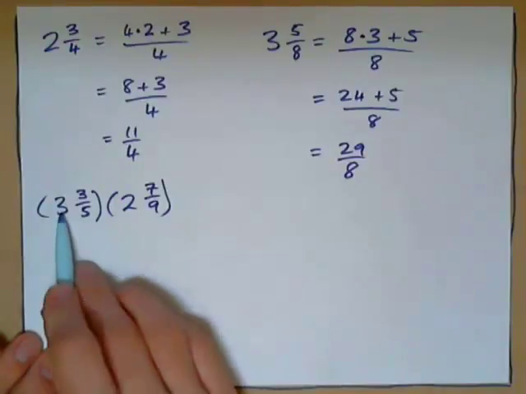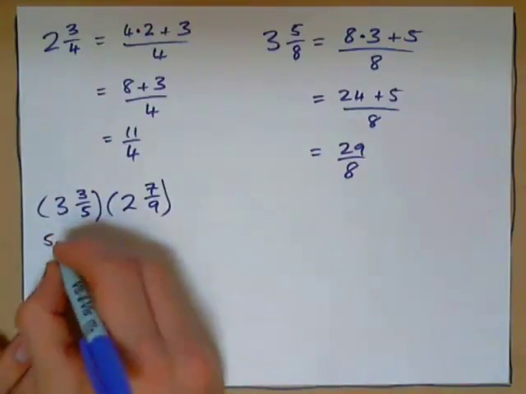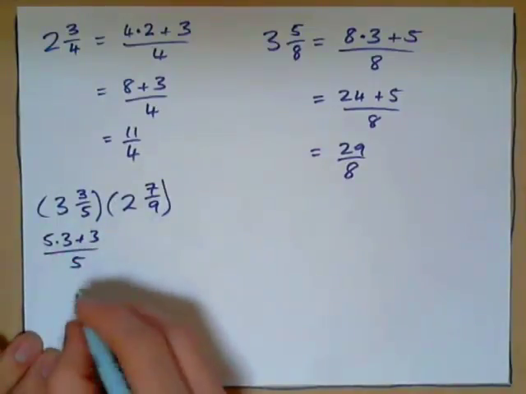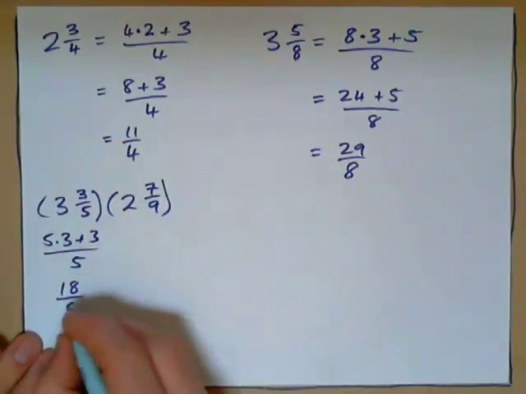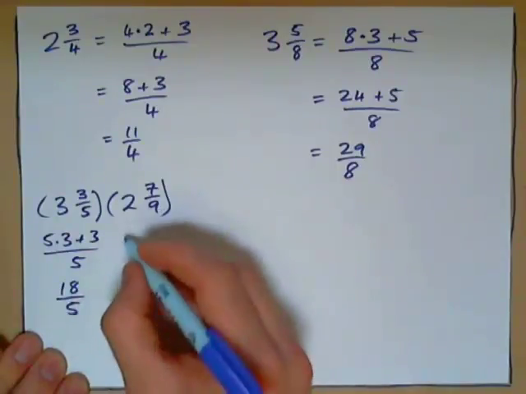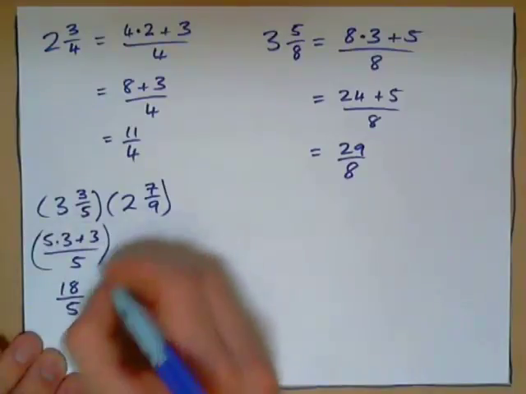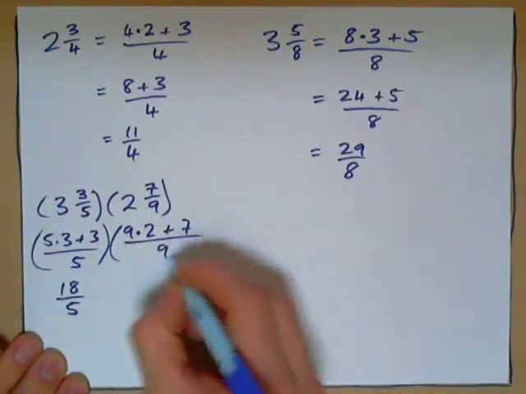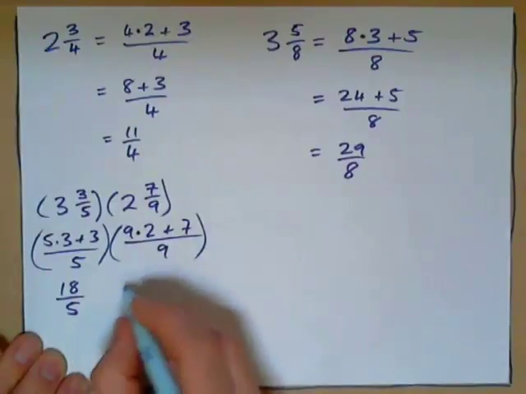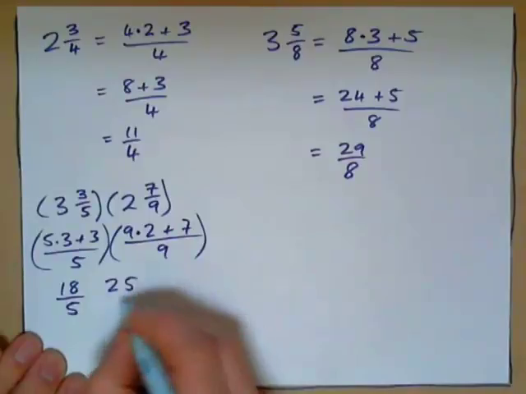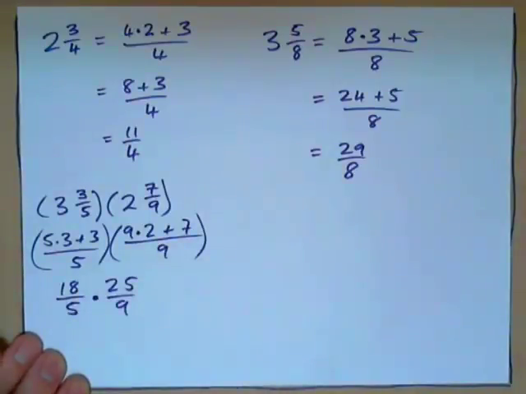So 5 times 3 plus 3 over 5, that's 15 plus 3, 18 over 5, right? This one is 9 times 2 plus 7, all over 9, and that's 18 plus 7, 25 over 9, and now we multiply the fractions.